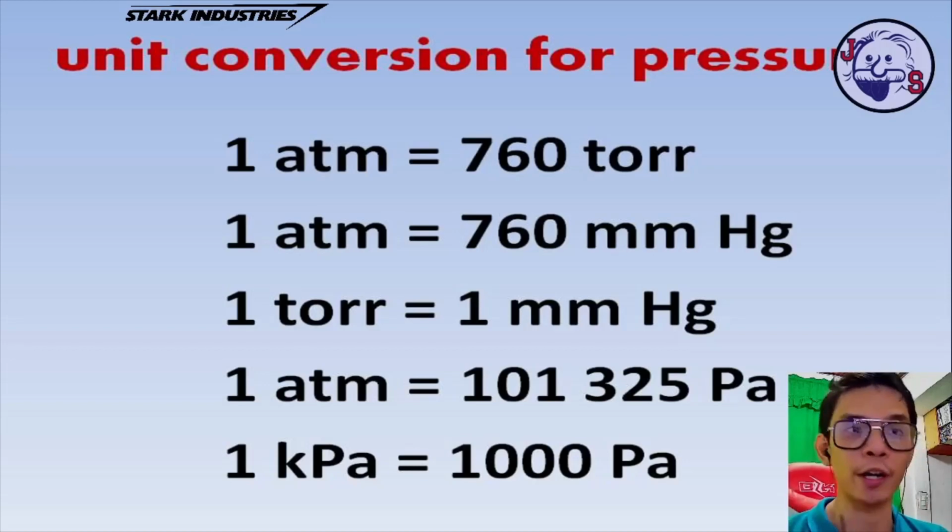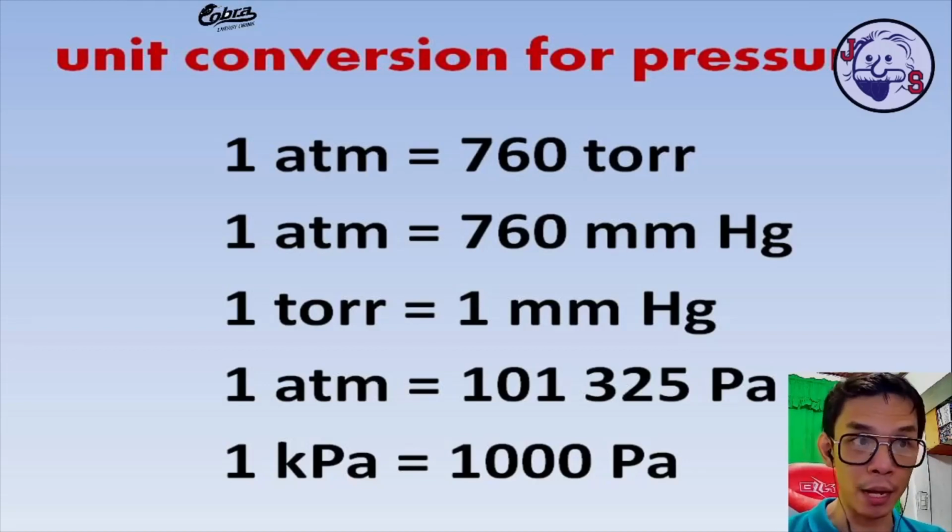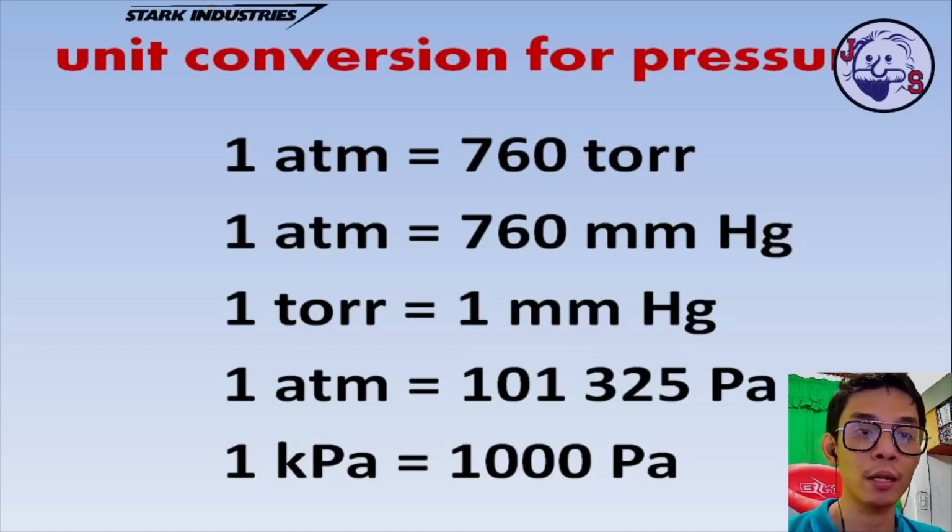One torr is equivalent to one millimeter of mercury. More so, one atmosphere is equivalent to 101,325 Pascal, and one kilopascal is equivalent to 1,000 Pascal. These are the conversion factors you should take note of when converting units of pressure.